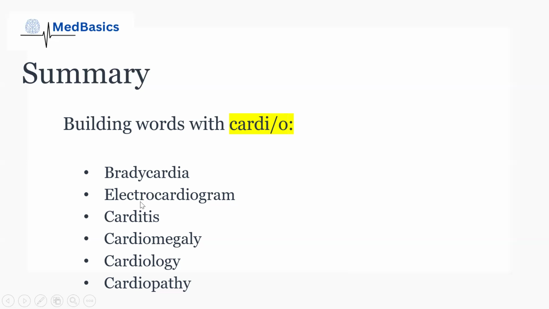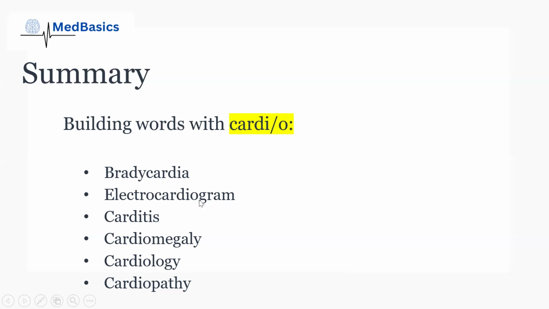How do I determine? Because here you can all see this is O, right? And the rule of combining vowel: a combining vowel can be added between two word roots, right? So here, since O is before this root word, this would also be a word root, sorry.